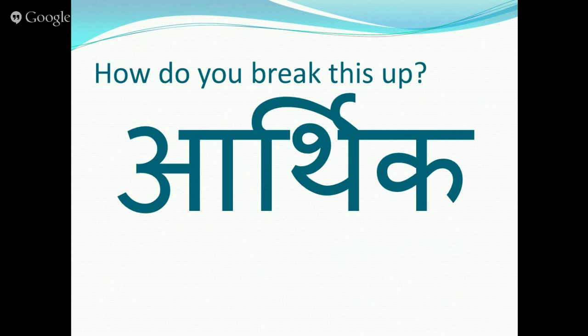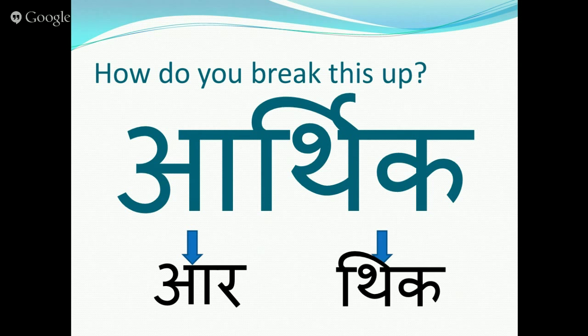How would we break this up? Now, this is a bit different because this is not i, this is something else. How would we break this up? First syllable, ar.